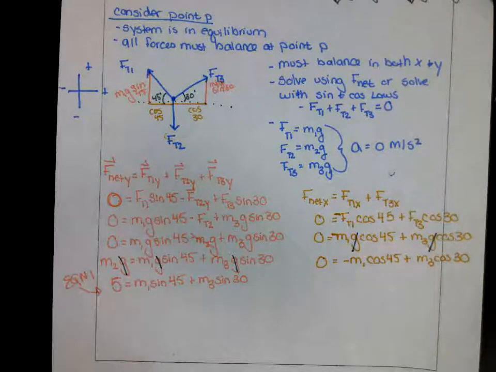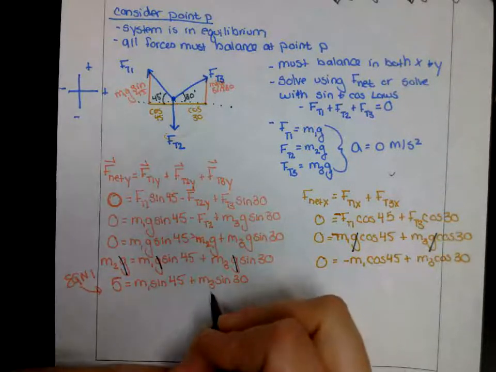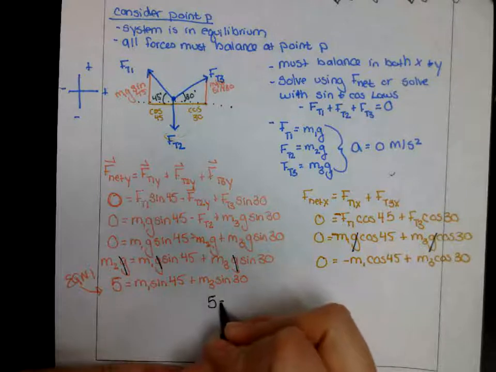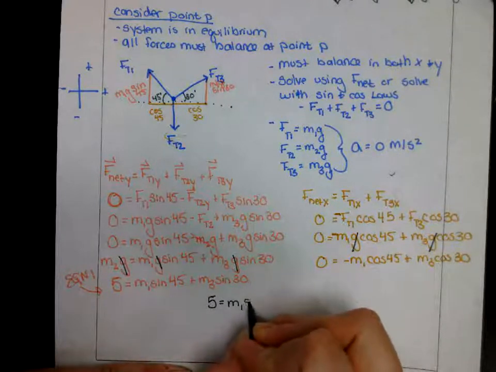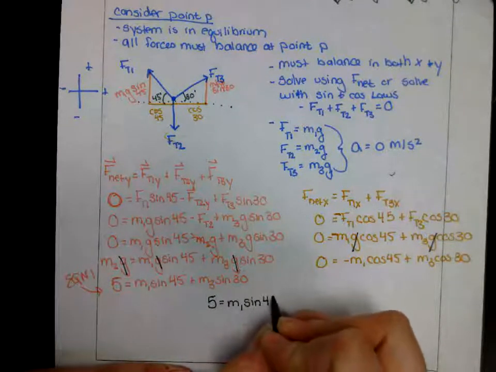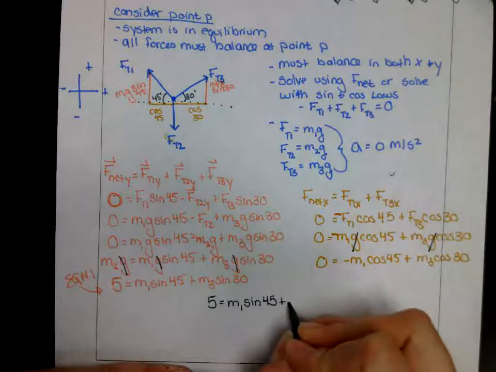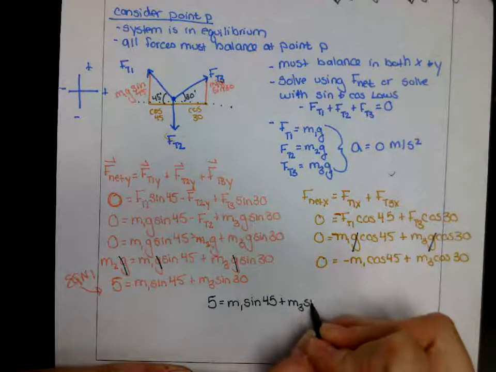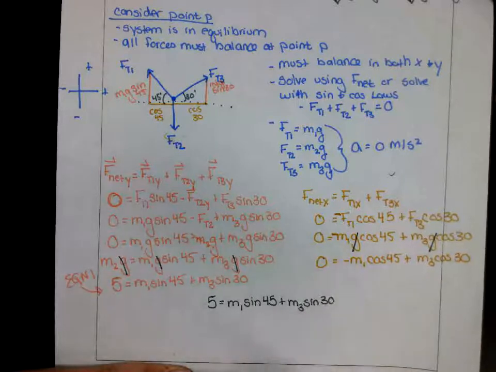I'm going to add those two together. So I have 5 equals m1 sine 45 plus m3 sine 30.